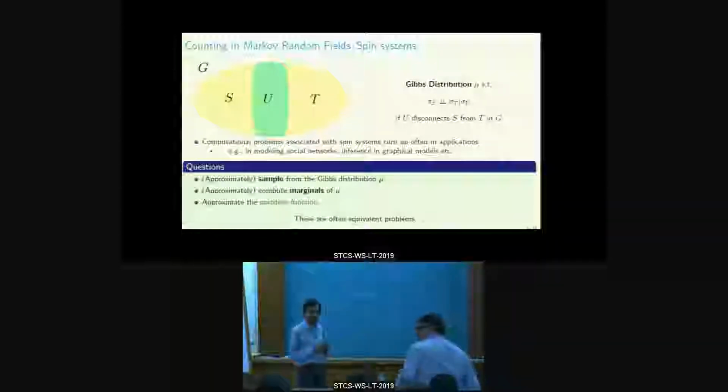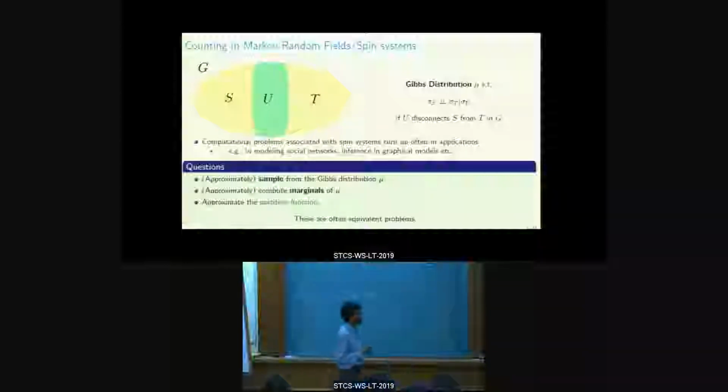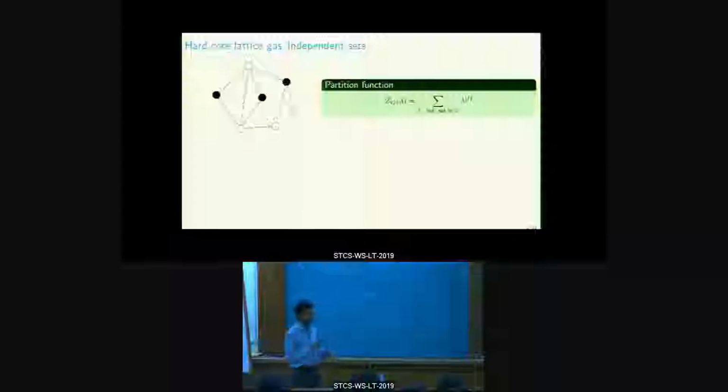So let's look at very specific, simple examples of these objects. Probably the simplest is something called independent sets in computer science and the hardcore lattice gas in physics. So what you have here is a graph. The random variables are going to be just assignments of plus or minus to the vertices.